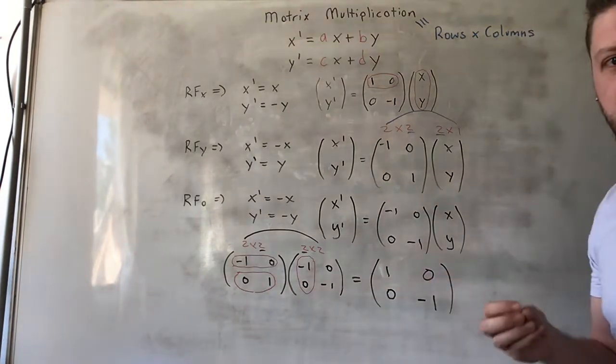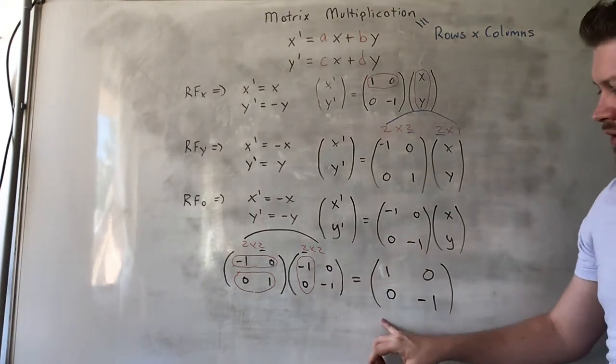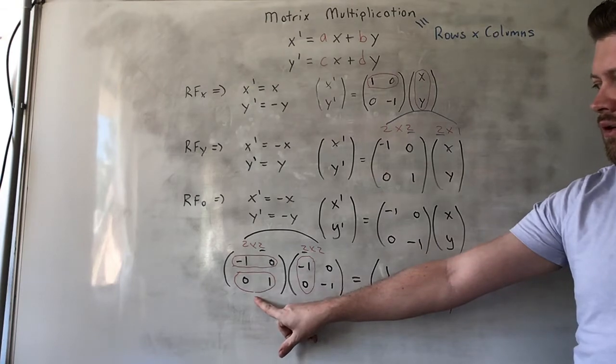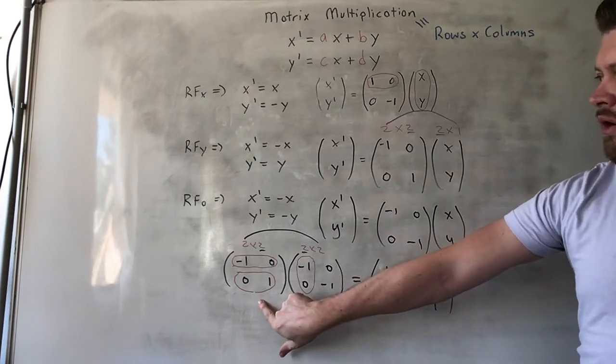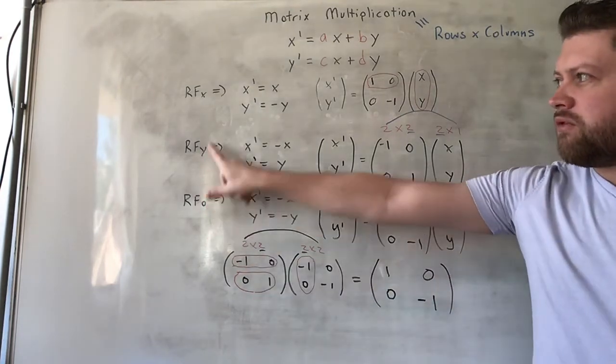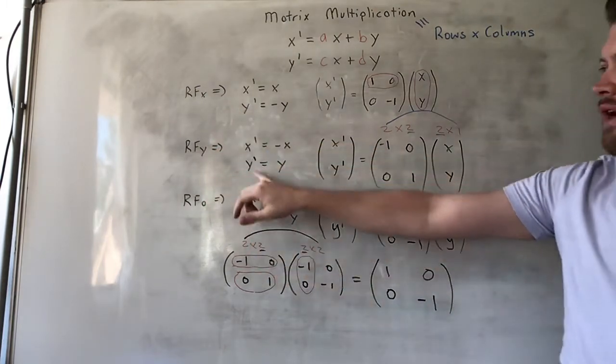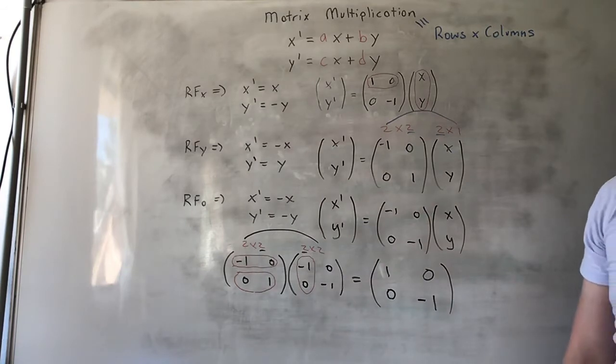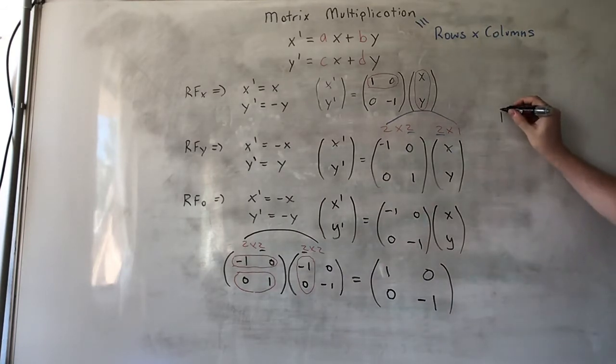So here's the clever bit. Look at the matrix we got as a result of doing this and then this. These two that we chose were the reflection in y and the reflection in the origin.